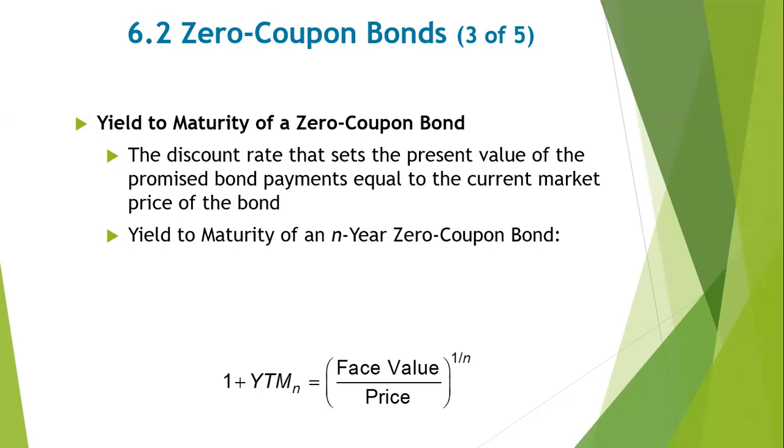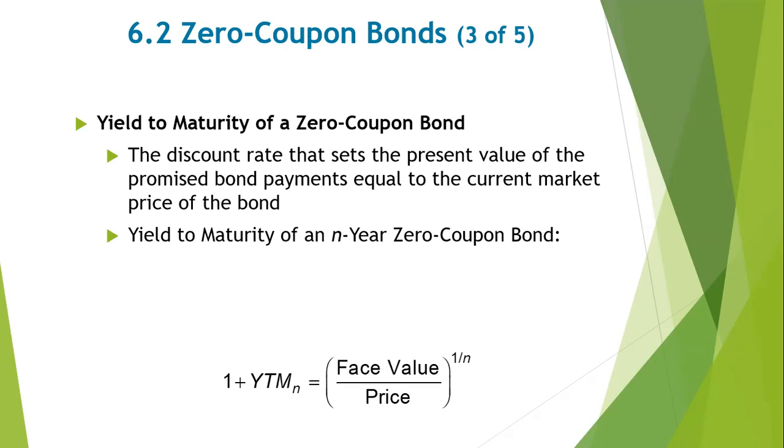In the case of a zero coupon bond, the price stands as the cost of the bond. Hence, the rate of return on the zero coupon bond is the discount rate that aligns the present value of the future cash flow received, for example, the bond principal, with the cost of the bond.